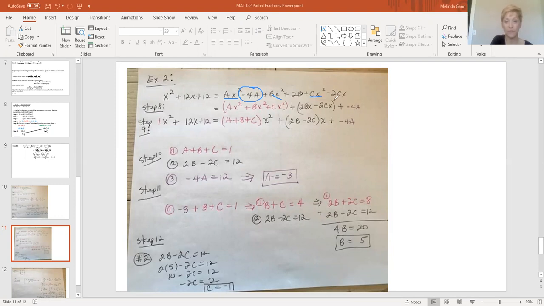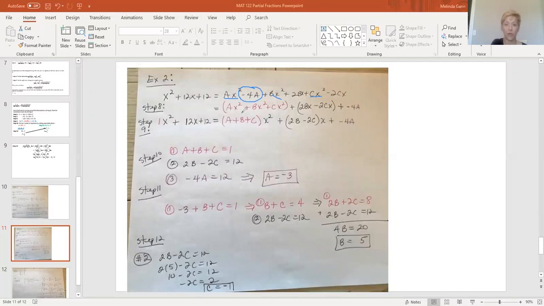And then look, this one has an x in it, and this one has an x in it. So I grouped the 2bx and then a minus 2cx. So these are the x's, and then this is the one without an x. It's my constant. So I grouped my x squareds, my x's, and my numbers, my no x's.